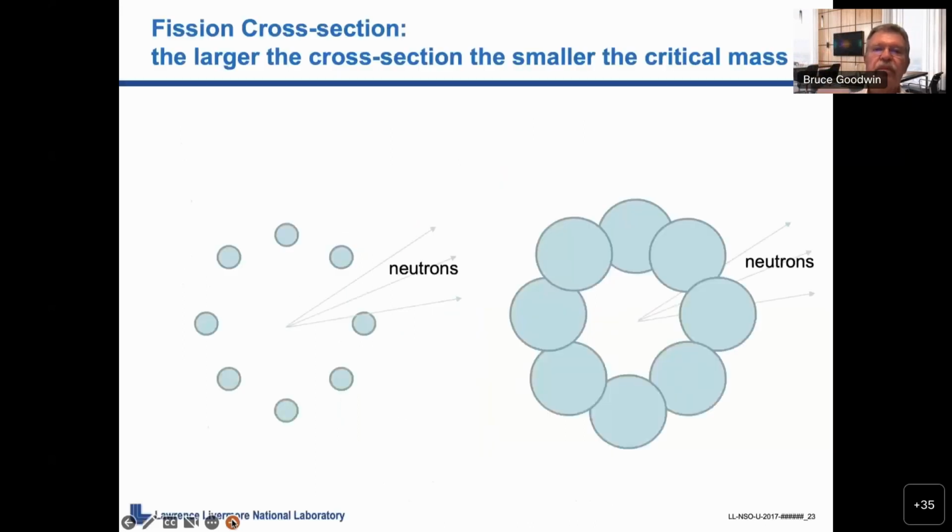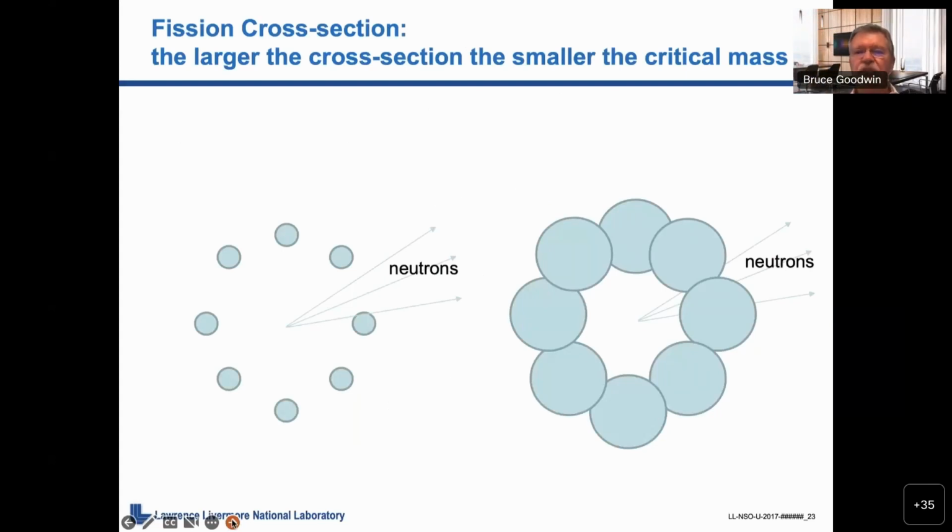So fission cross-section. The problem with fission cross-section is that it's a physics metaphor. Essentially what physicists noticed was that certain elements or isotopes of fissile materials were more likely to absorb neutrons and fission than others. And so they said, well, gee, it sort of acts like it's bigger.